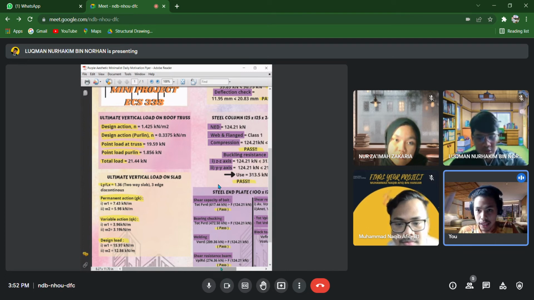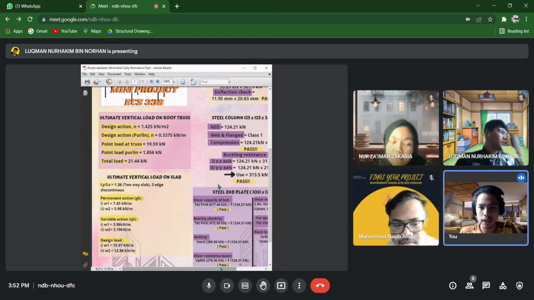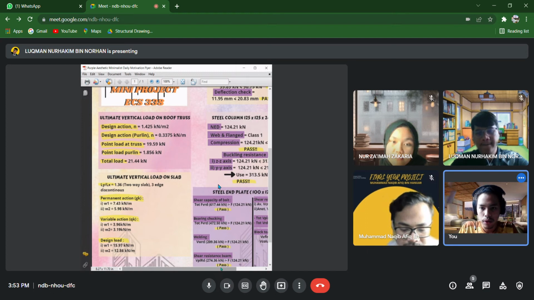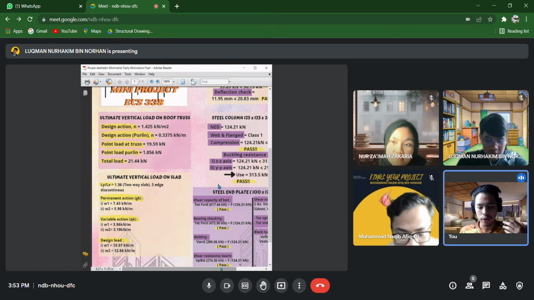So we can conclude that the point load at the truss is equivalent to 19.59 kN, and the load for the purlin would be 1.856 kN. The total load on the truss would be 21.44 kN.